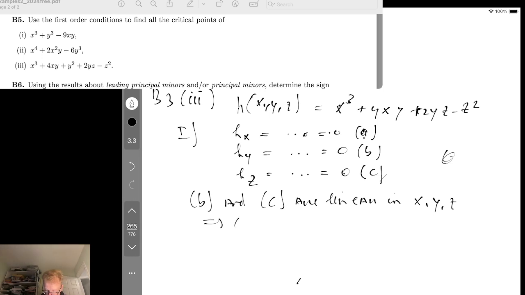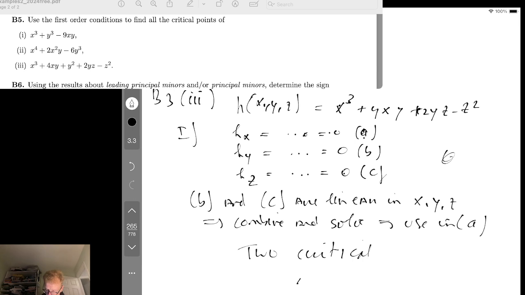So combine and solve. Use in A. You get 2 critical points. So it's always a bit of an art to see which relationship you should start to solve. It's trial and error. One route doesn't work, then try another one. That's the best thing to do.